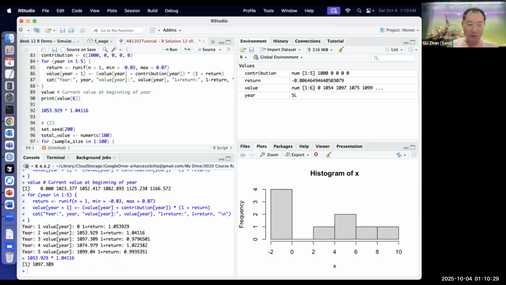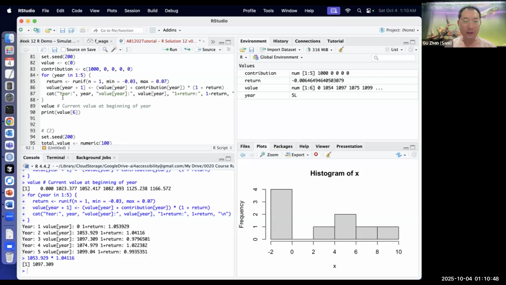You want to see what it is: value 1097, so same as 1097. So the calculation is correct. So when you're running this kind of simulation, make sure you have a few displays inside using CAT and make sure that you calculate correctly.